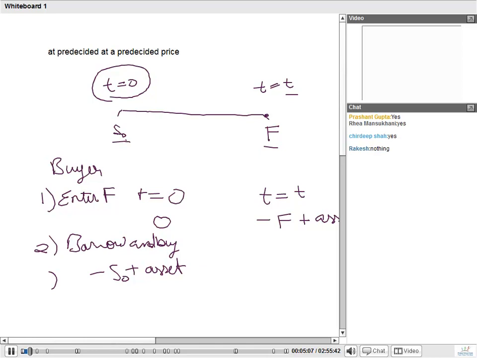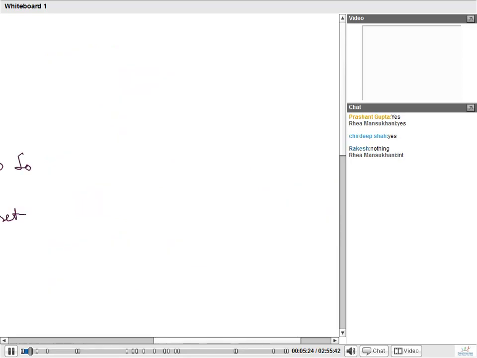However, if he borrows S0 and buys the asset right now, how much will he have to pay back at time t equal to t? S0 into (1 plus r) raised to the power t, or if you are doing continuous compounding, S0 into e raised to the power rt.